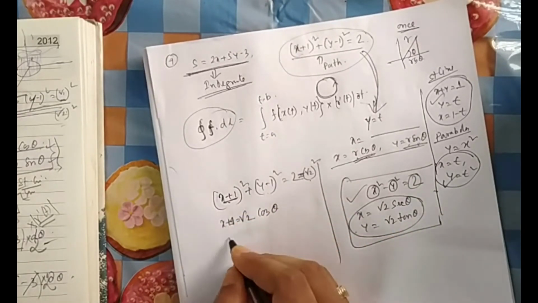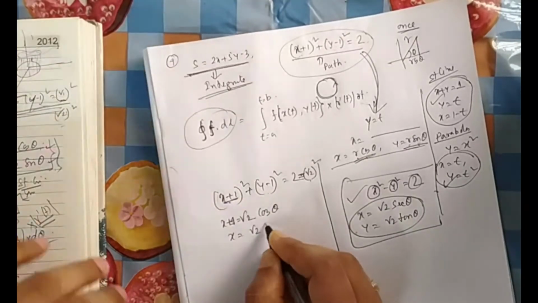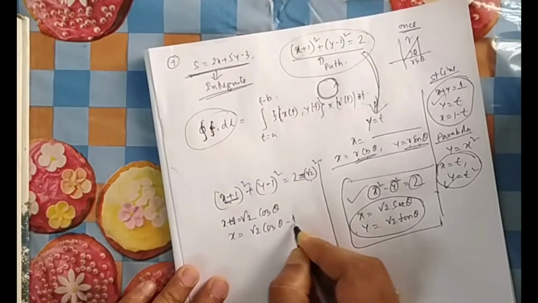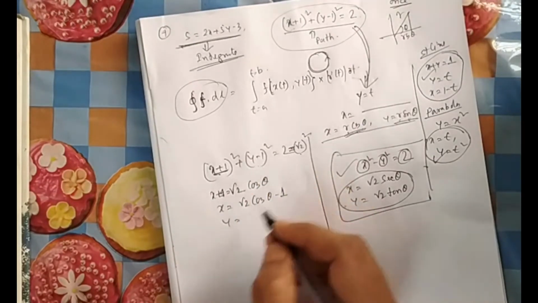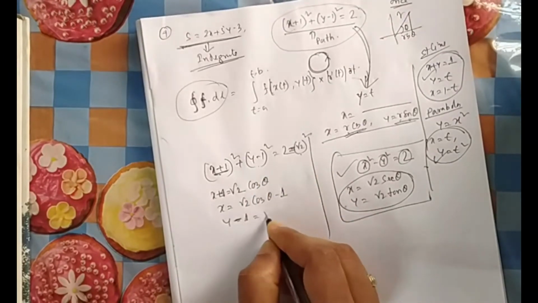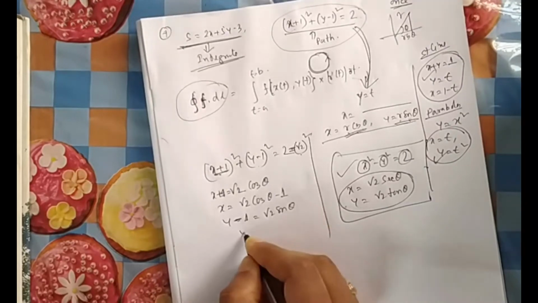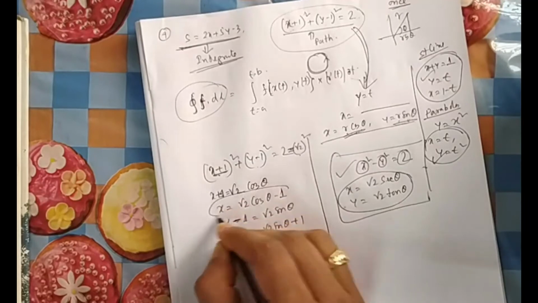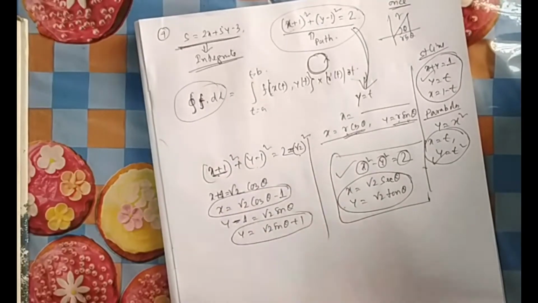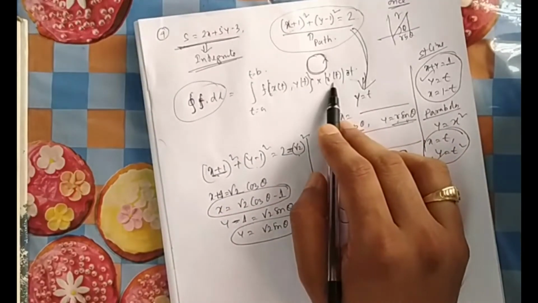So x equal to root 2 cos theta minus 1. Similarly, y minus 1 equal to root 2 sin theta, so y equal to root 2 sin theta plus 1. So these are the parametric forms. So we will go to theta instead of x and y. Here I have written t, you can take anything.